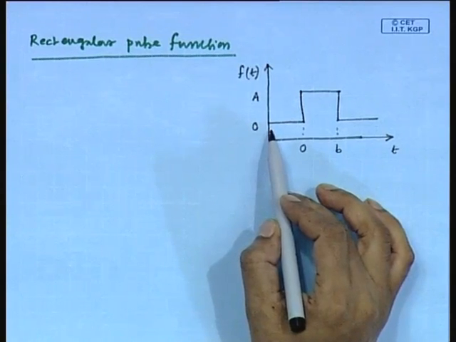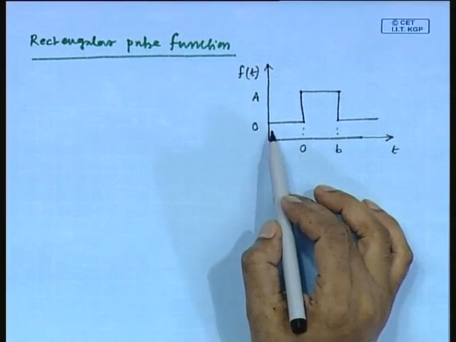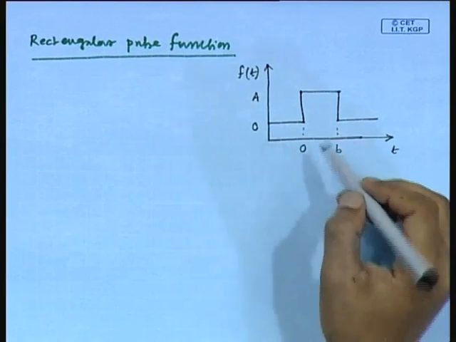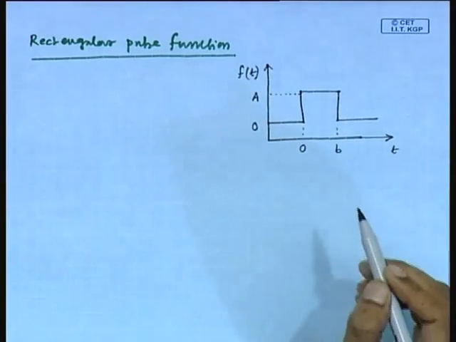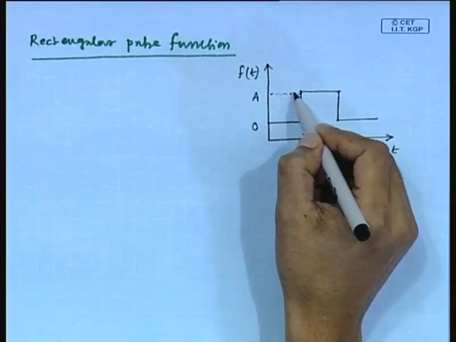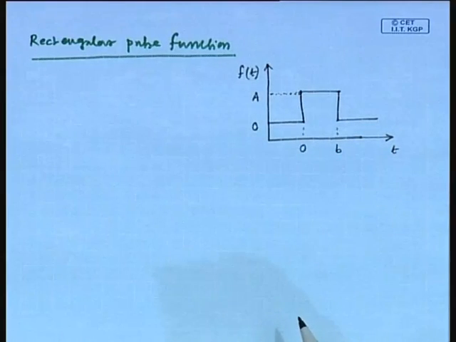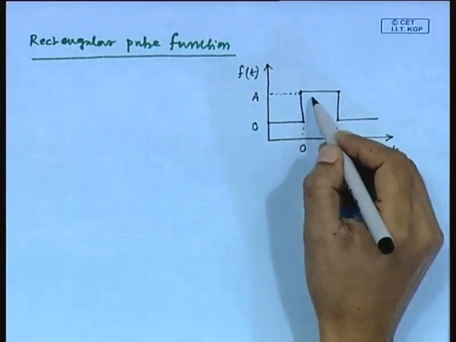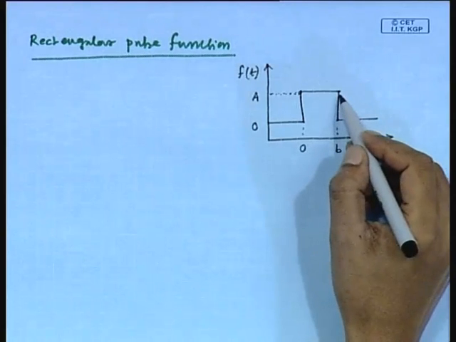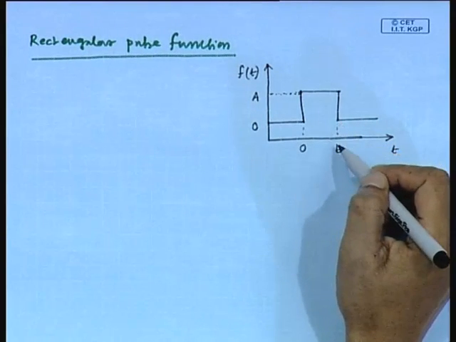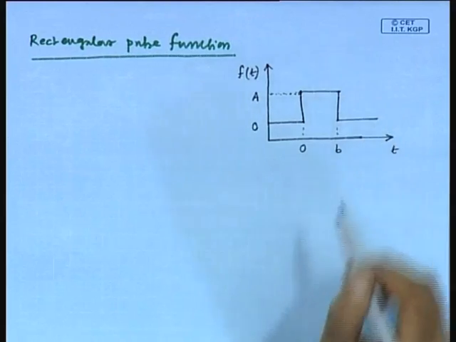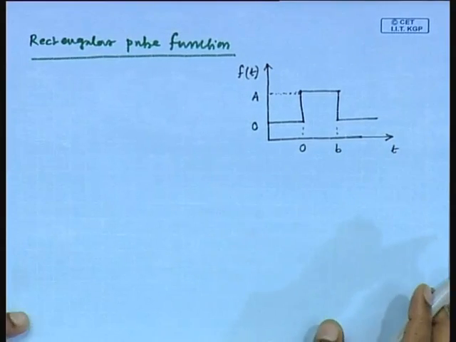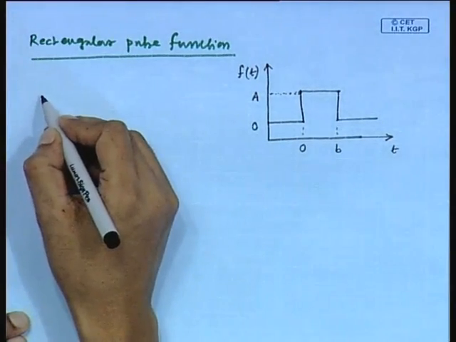Initially f t is 0, that means the process is at steady state. Then at time t equals to 0, the input function changes by magnitude a, then it remains there for a time duration of b, and finally it returns to the old value. Now, how we can represent it mathematically?